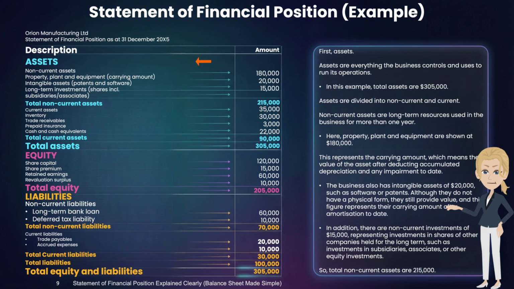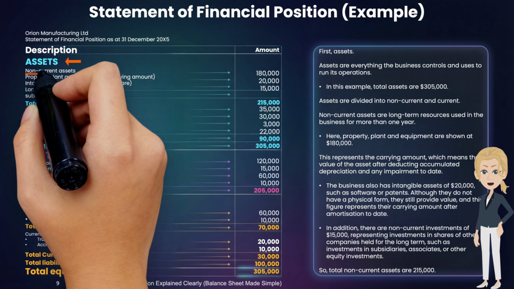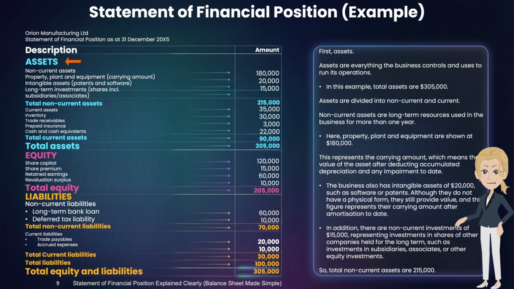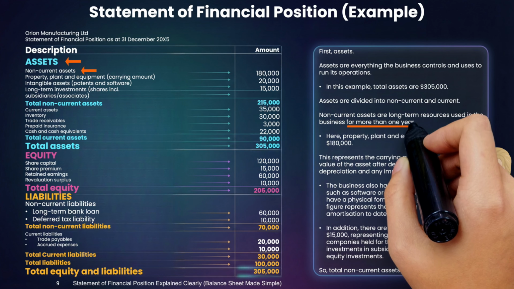First, assets. Assets are everything the business controls and uses to run its operations. In this example, total assets are $305,000. Assets are divided into non-current and current. Non-current assets are long-term resources used in the business for more than 1 year.